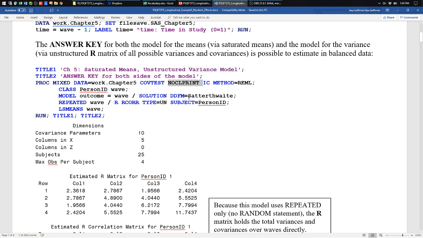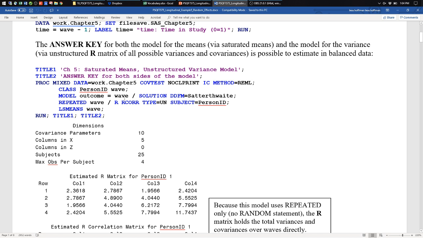No CL print suppresses extraneous output related to the class statement. IC gives me a table of information criteria, so AIC, BIC, stuff like that. And method equals REML is the default, but I put it here to be explicit that that's the method of estimation we're using, is residual maximum likelihood as opposed to regular flavor maximum likelihood.